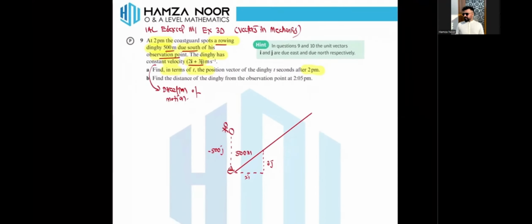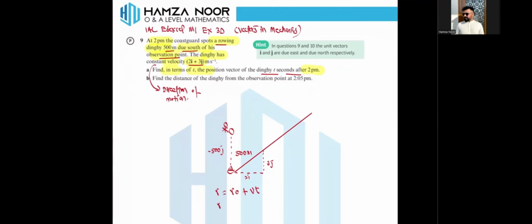So what we need to find is, in terms of t, the position vector of the dinghy t seconds after 2 p.m. As we know, the basic equation for vectors is r equals r naught plus vt, where r is the position vector at a time other than t equal to 0, and r naught is the position vector at time t equal to 0.